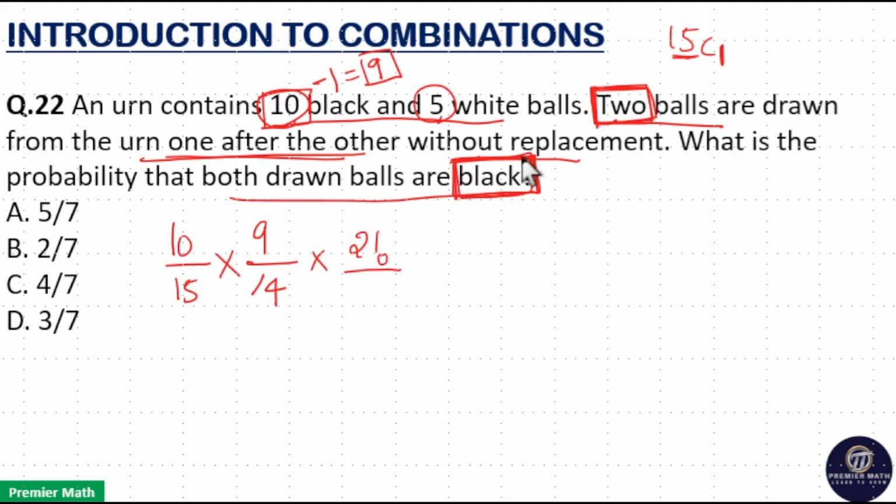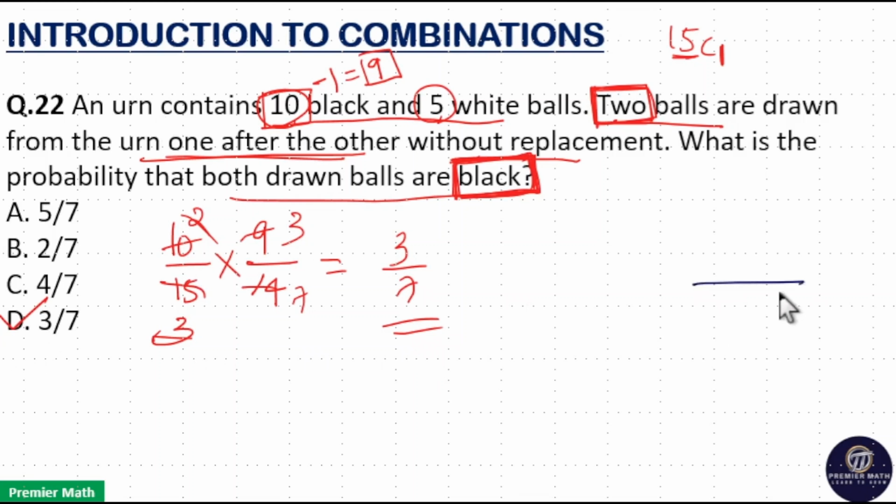But here both the balls selected are black, so you should divide it by 2 factorial. 2 factorial by 2 factorial is equal to 1 itself. So you don't have to worry about the arrangement. Otherwise you have to arrange it as well. Now this is equal to 5 goes 3 times in 15, 5 goes 2 times in 10, 3 goes 3 times in 9, 2 goes 7 times in 14, 3 by 7. Option D is your answer.